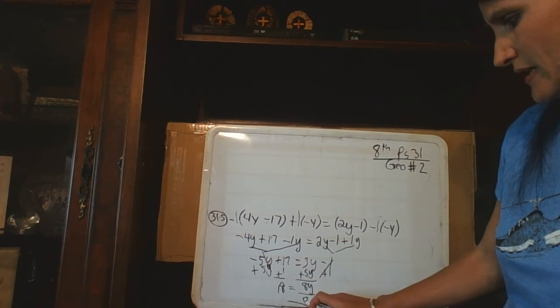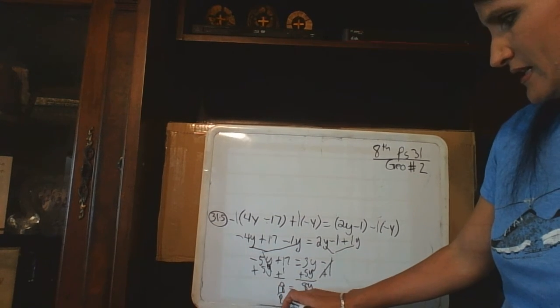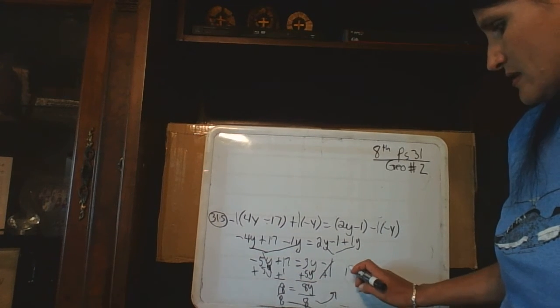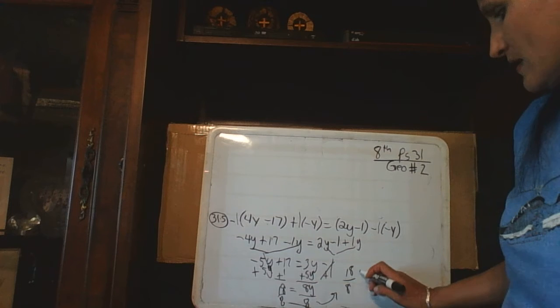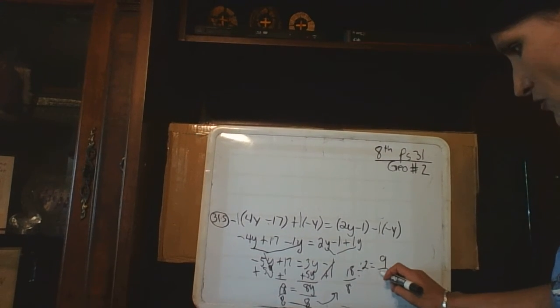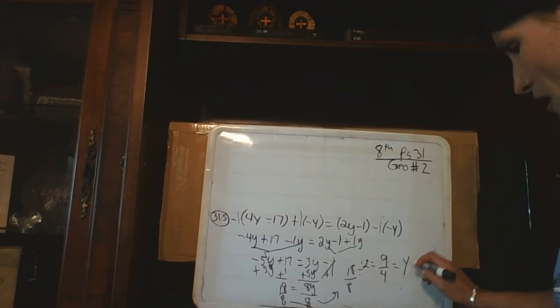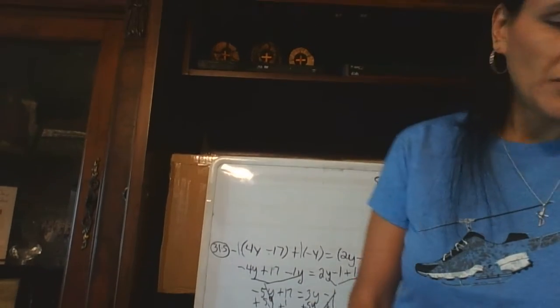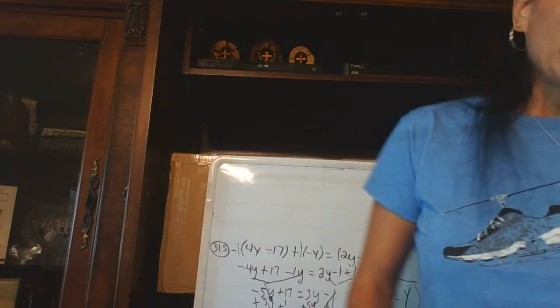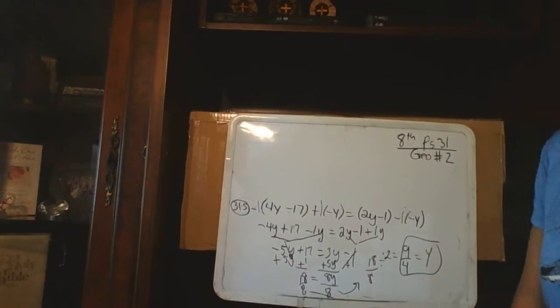I'm going to divide by 8, divide by 8, so 18 over 8. Divide that by 2 to reduce it, and you end up with 9 over 4 equals y. There we go. Let me verify. And yes, that is correct. y equals 9 over 4.